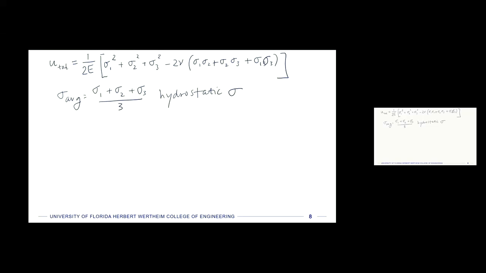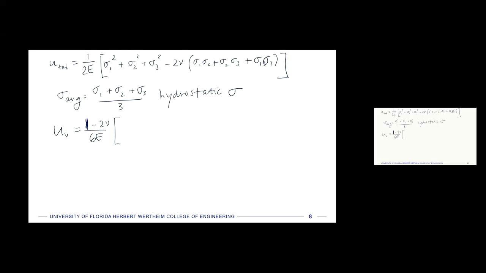We plug that in for all of the stresses. And what we come out with is a volumetric or hydrostatic strain energy, call it UV. In this case, we have 1 minus 2 times Poisson ratio divided by 6 elastic modulus.